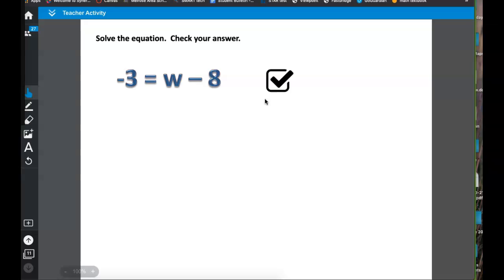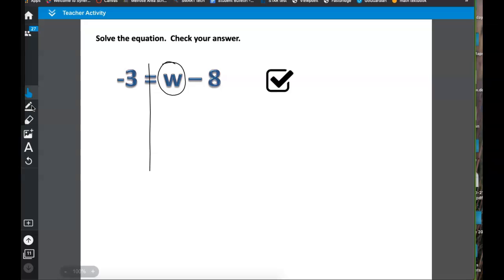Okay, so put your screen side by side again. Okay, so I can show you exactly what you should have gotten here. If you did this correctly, you should have drawn a line by the equal sign, circle the W. I need to get rid of the -8. How do we get rid of a -8?